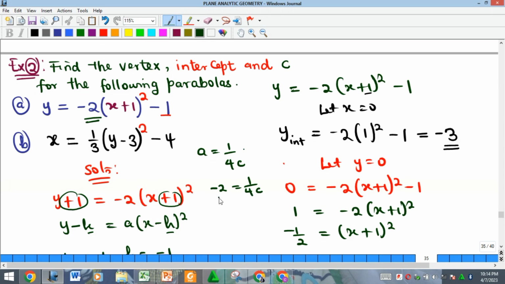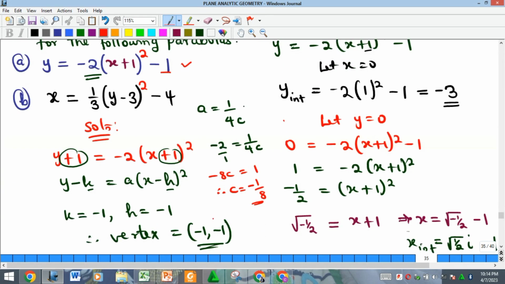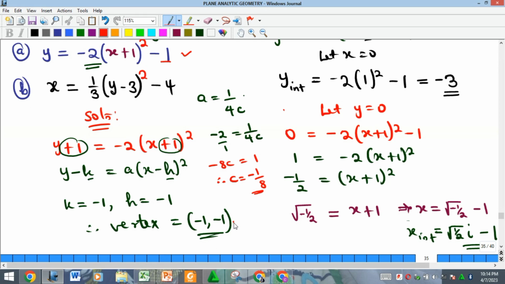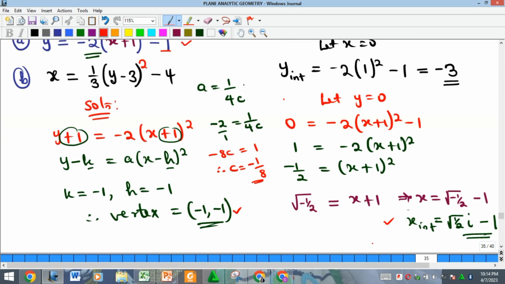If we cross multiply, we'll have negative 8c equal to 1. Therefore, our c alone is negative 1 all over 8. And so that is the c for example A, and we have the y-intercept, the vertex, and the x-intercept here.